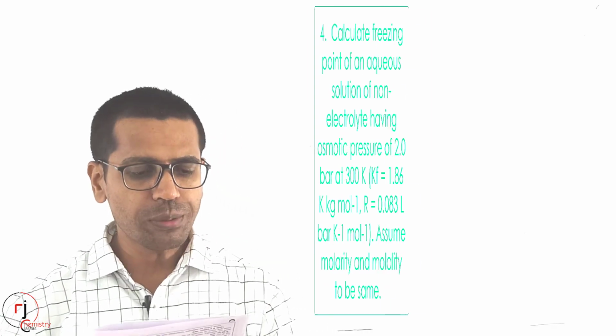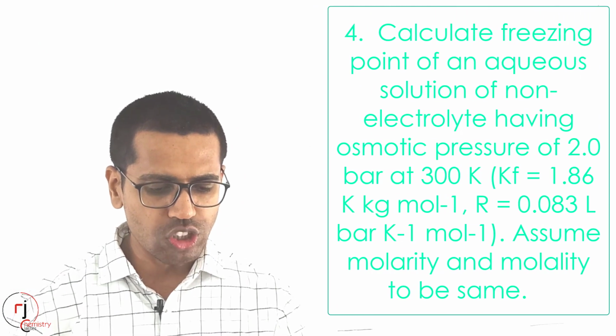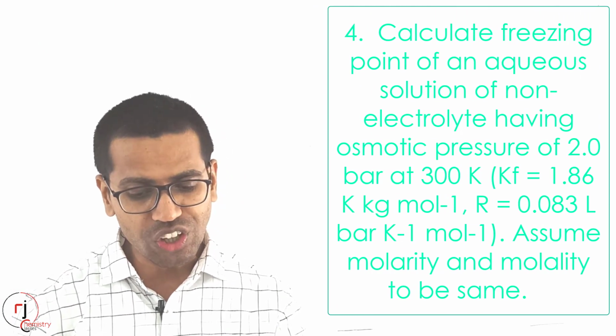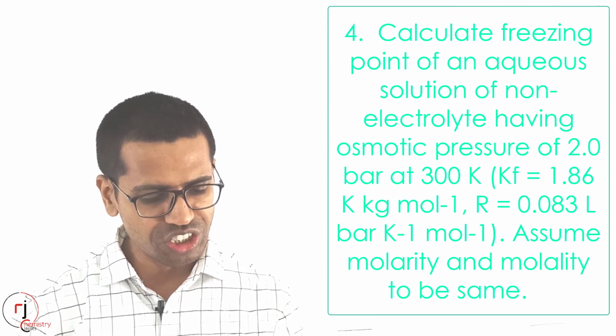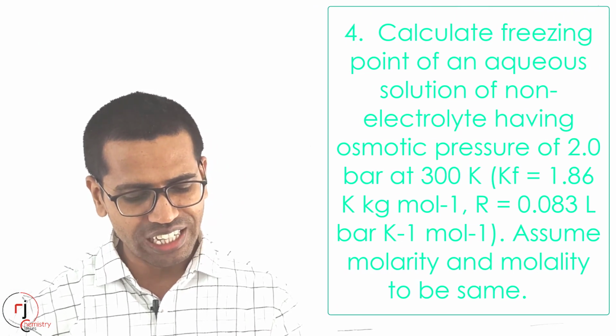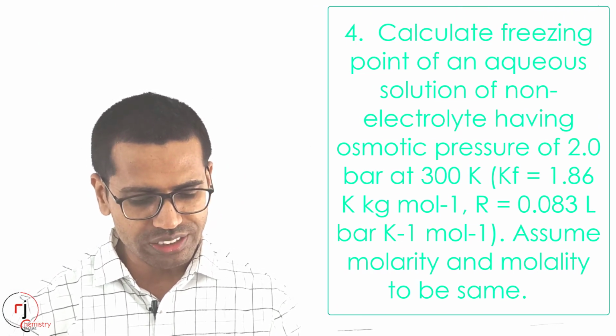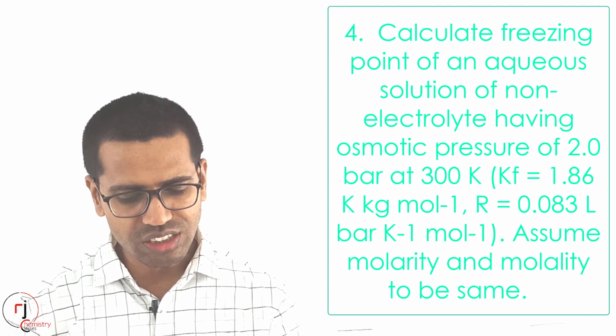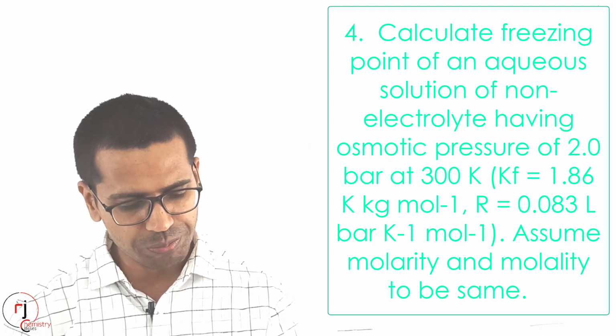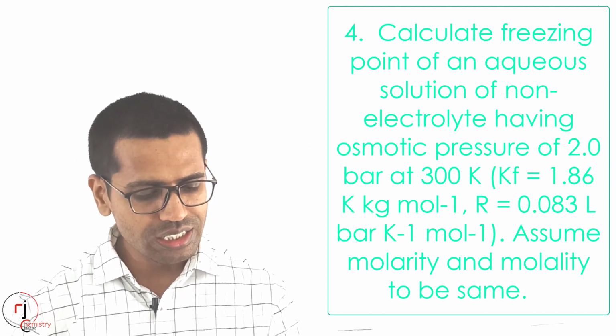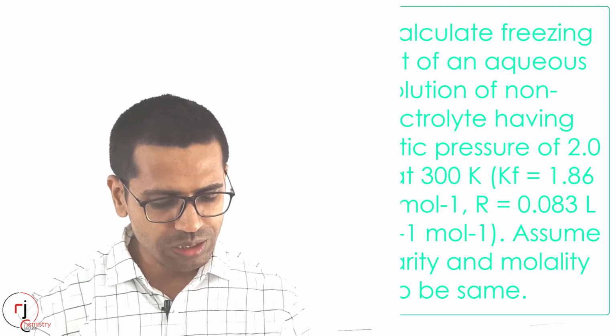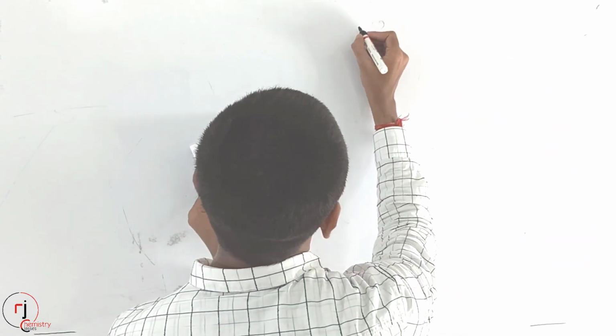As according to question number 4, calculate the freezing point of an aqueous solution of a non-electrolyte having osmotic pressure of 2 bar at 300 Kelvin. Kf is given as 1.86 Kelvin kilogram per mole. R is given as 0.083 liter bar per Kelvin per mole, and assume molality and molarity to be the same. Okay, it is also the second type of question.